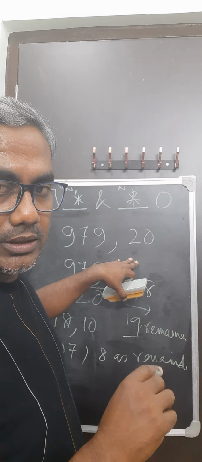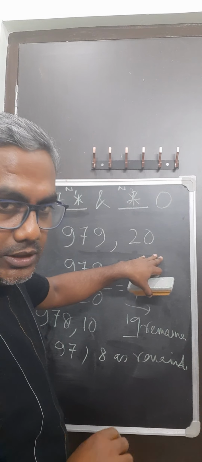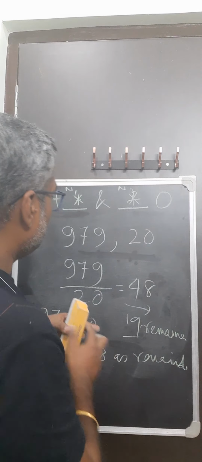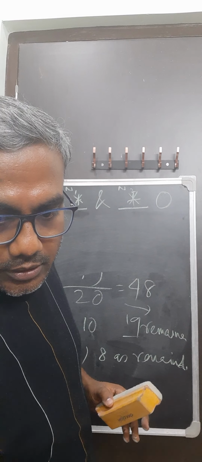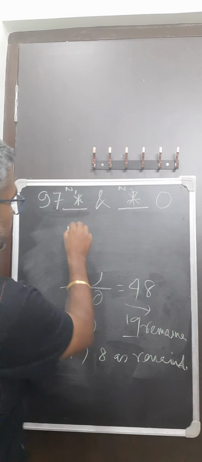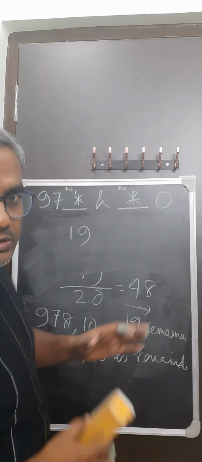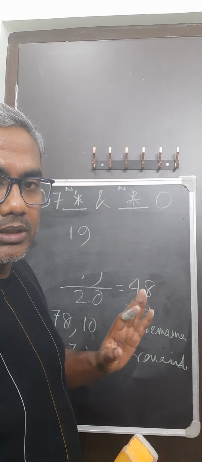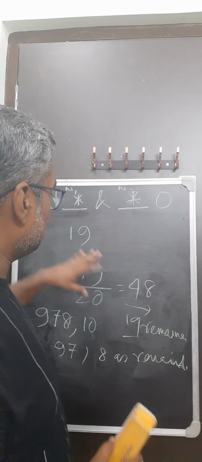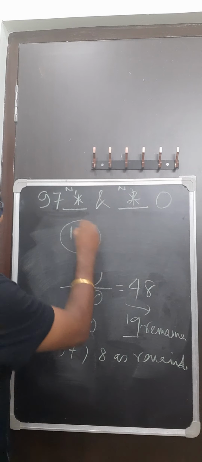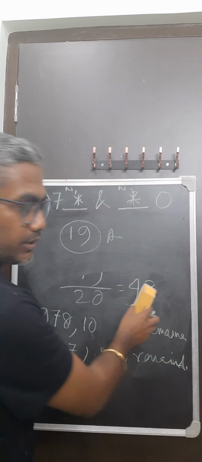So this will be the right choice for us, where I will get the maximum remainder. Our requirement is the maximum remainder after dividing the greater number by the smaller number. So our answer should be 19.